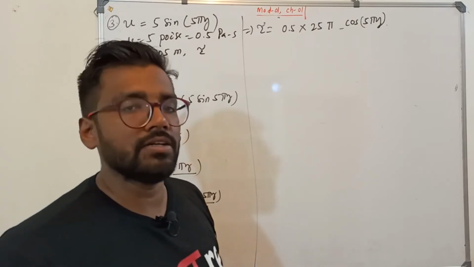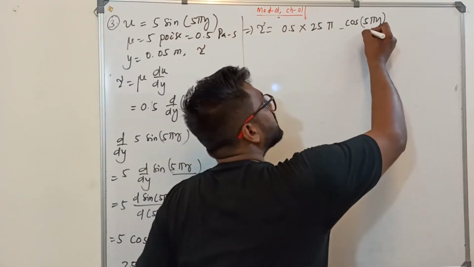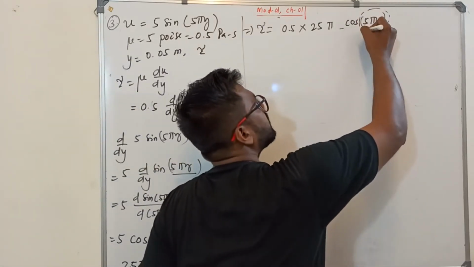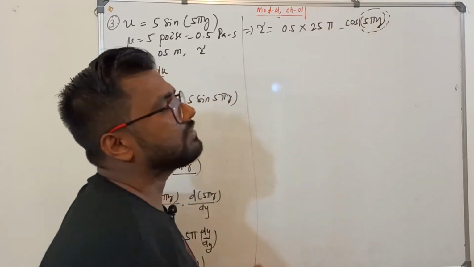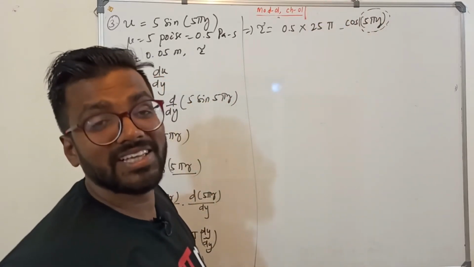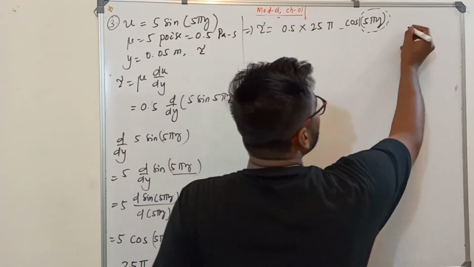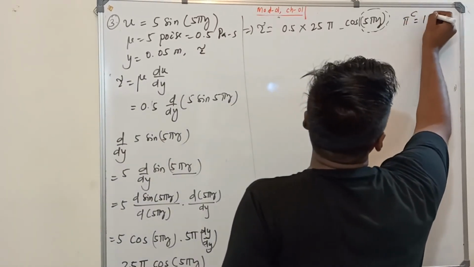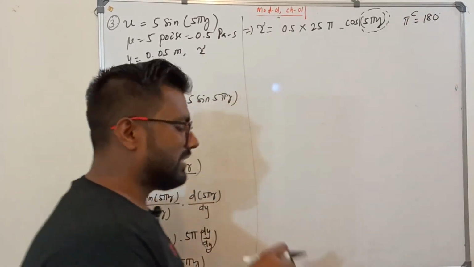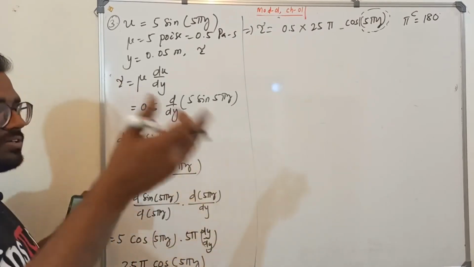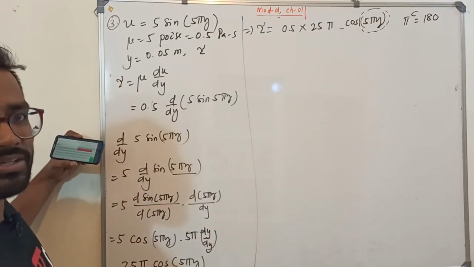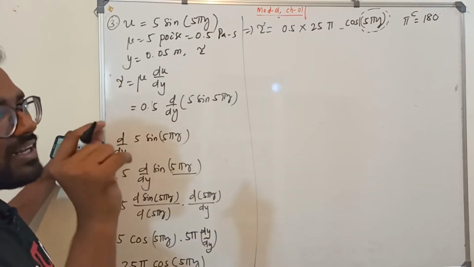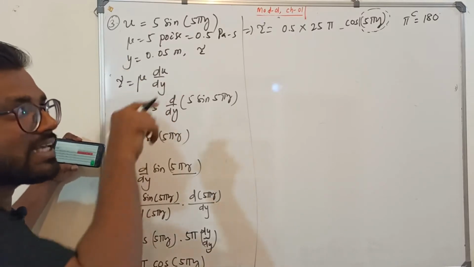You remember, when you are writing this angle, pi is a function of radian. Pi radian equals 180 degree. Whether you solve in this calci or in your Casio calci, by default the angle is taken in degree.